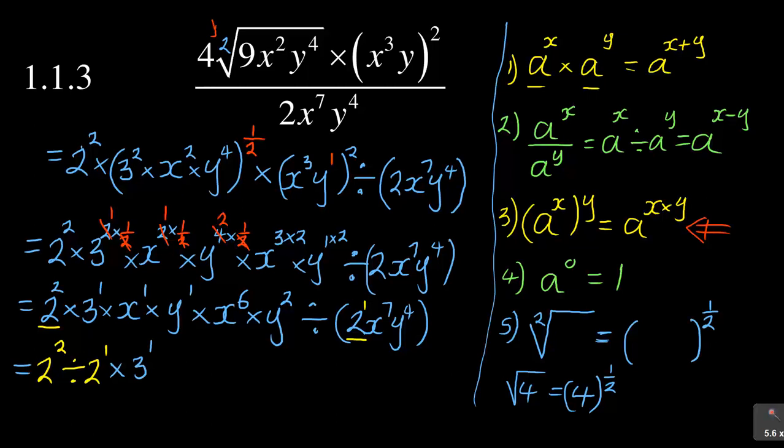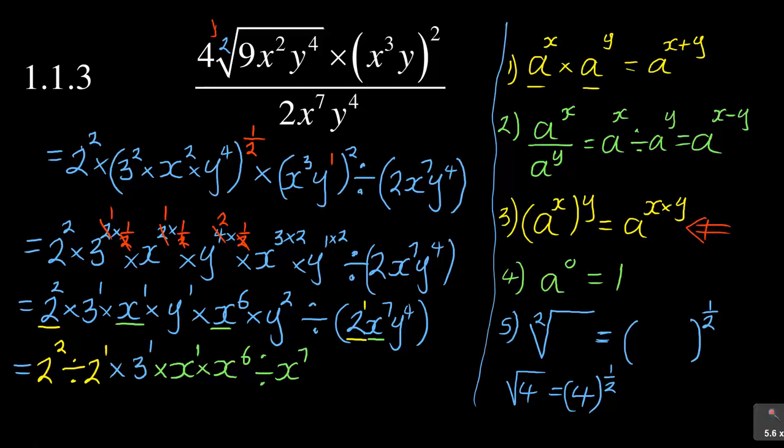And if I can use also a different pen, now look at our x and our x there. The way I'm going to write it, it will be times x to the power of 1 times x to the power of 6, and then it's divided by x to the power of 7.